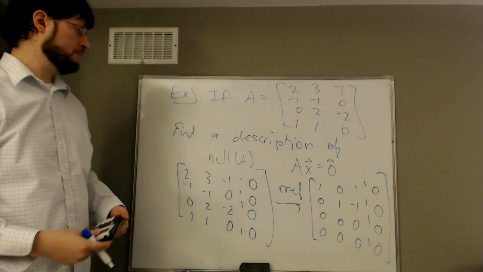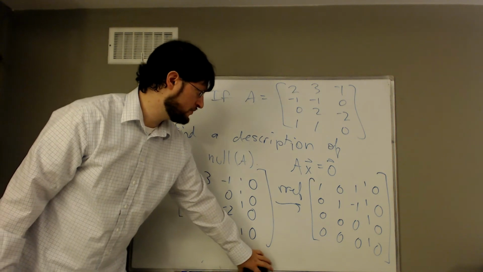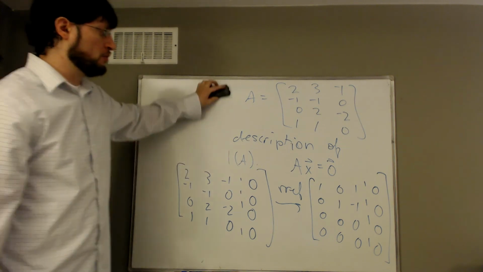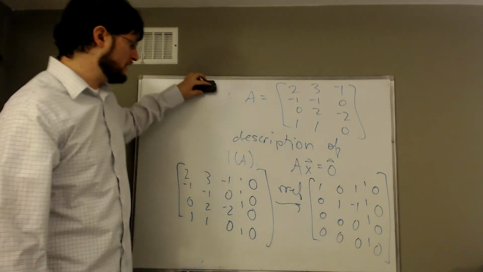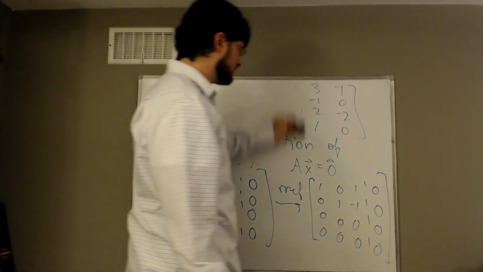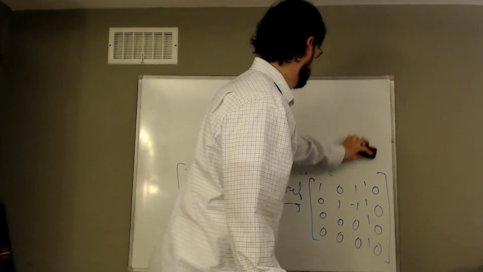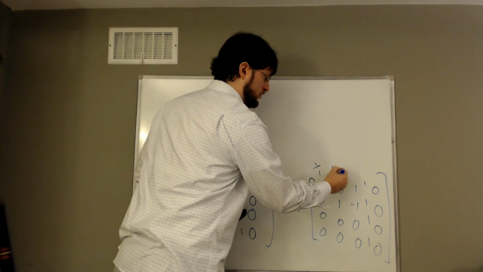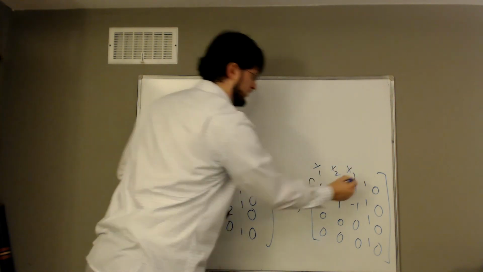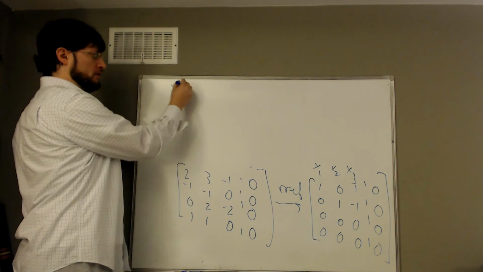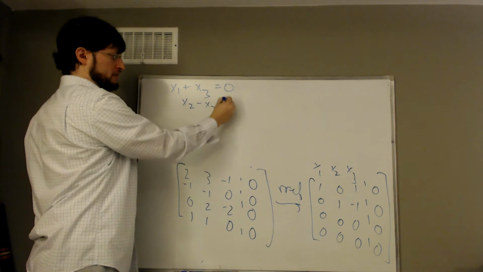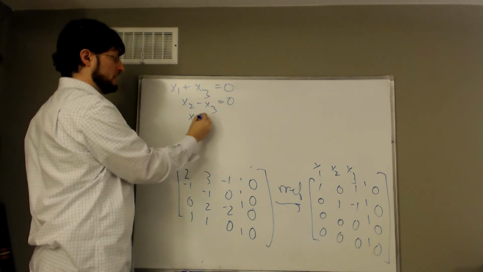So this is what we get after row reducing the matrix. Let's remember the next step. We're looking at the solution set to Ax equals 0, and we're going to write it in parametric form. So this reads x1 plus x3 is 0, x2 minus x3 is 0, and x3 is free.